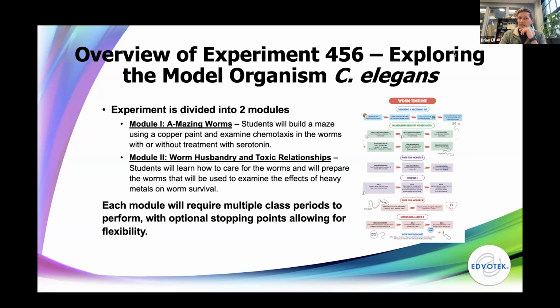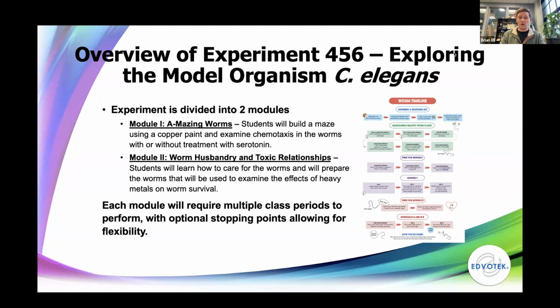And this is divided up into a subpart A and B. For this module, the students are actually going to learn how to take care of the worms themselves. So they're going to take charge of preparing the worms, feeding them, all that general worm husbandry. And then they'll perform an assay on those worms that they are preparing. That is a heavy metal toxicity, environmental toxicity assay, where they're going to examine the survival of these worms in different conditions.